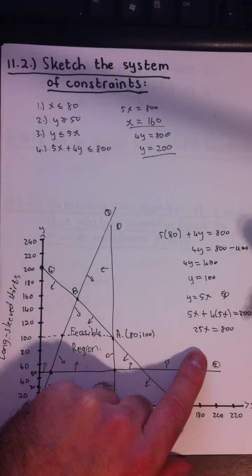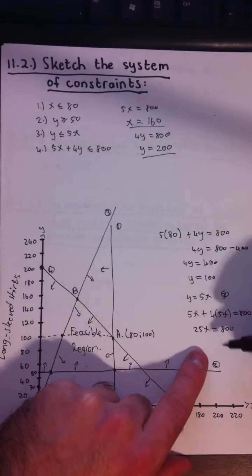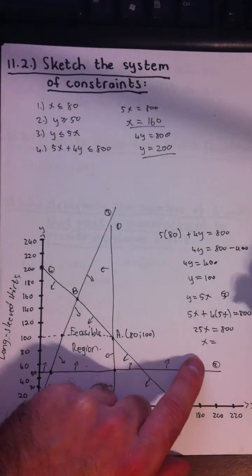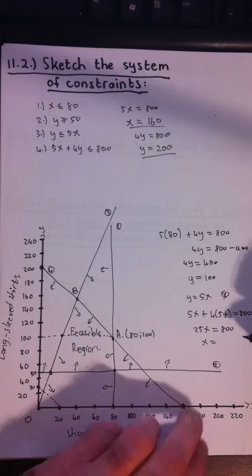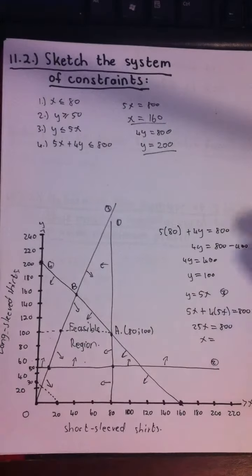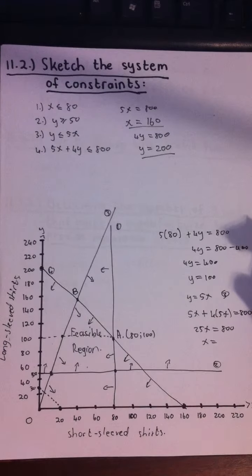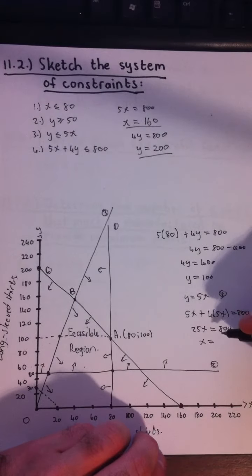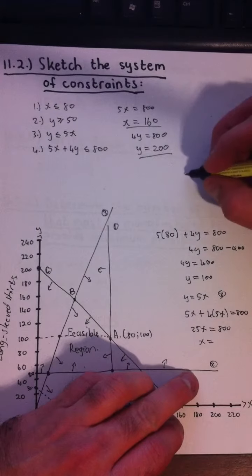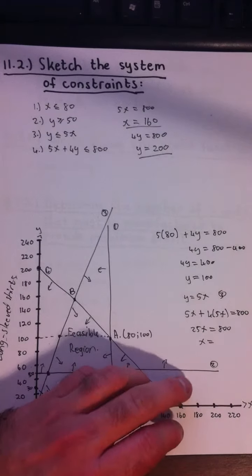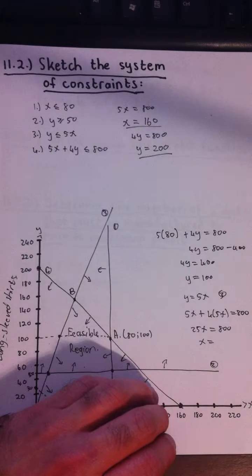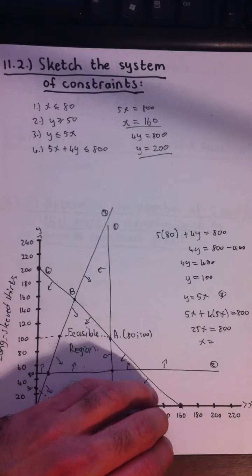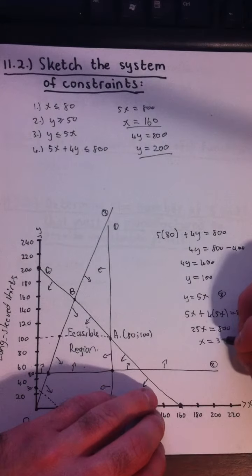If we solve for x here, we get x equals 800 divided by 25, and what will that give us? I'm not really sure. Let me get the calculator quickly to work this out. 800 divided by 25 is equal to 32.